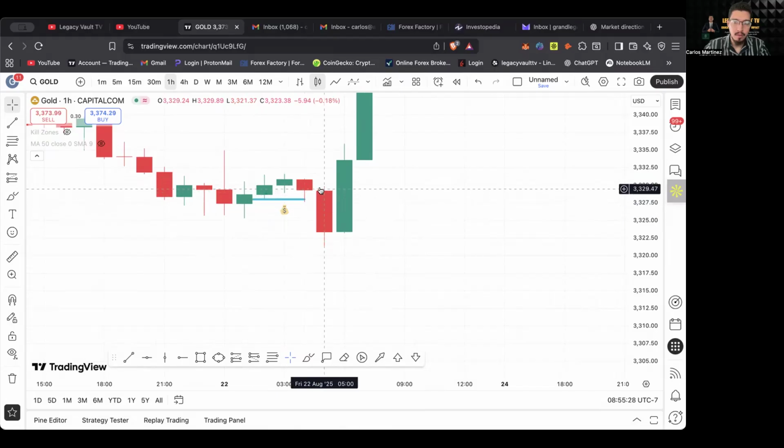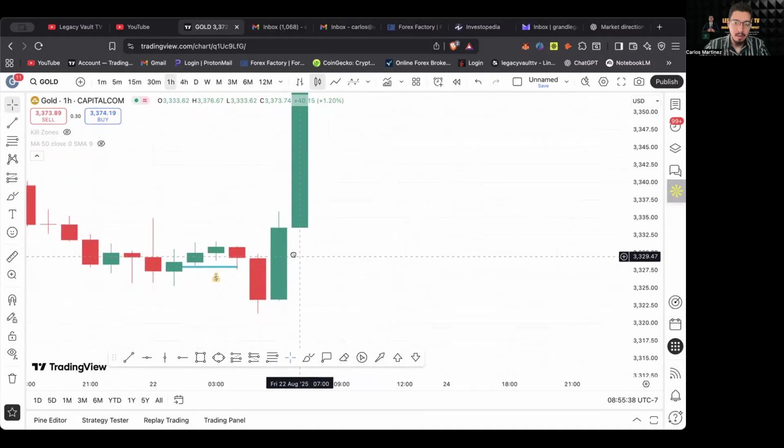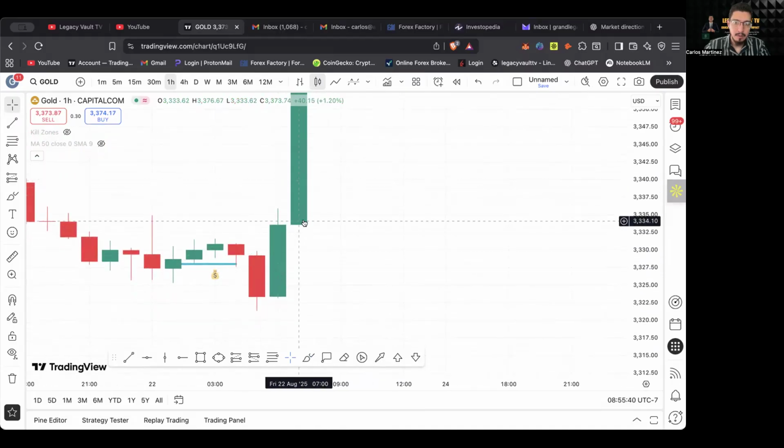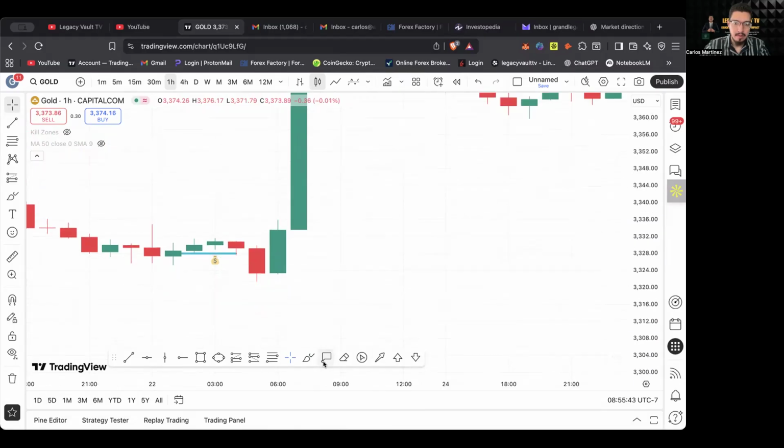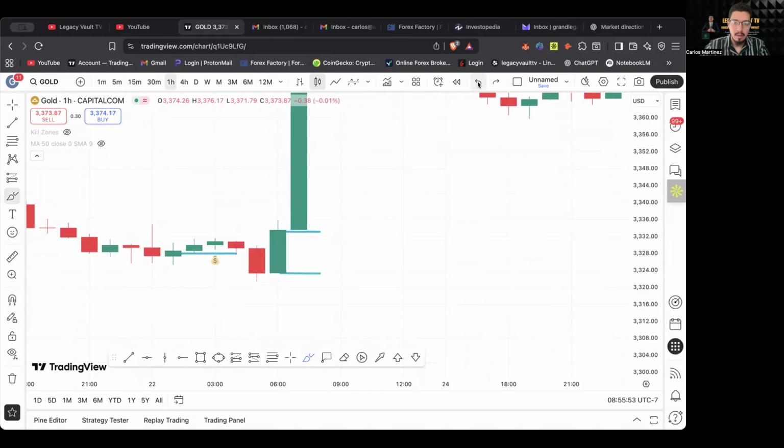This candle resulted in a push down to liquidate before the big move up. So when you see this and it creates an imbalance here, right? It creates this imbalance. It is considered a valid order block.